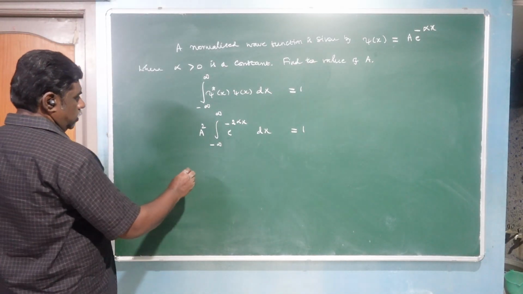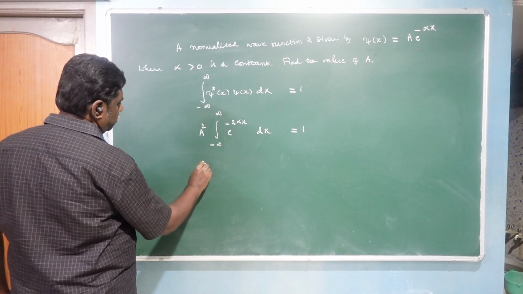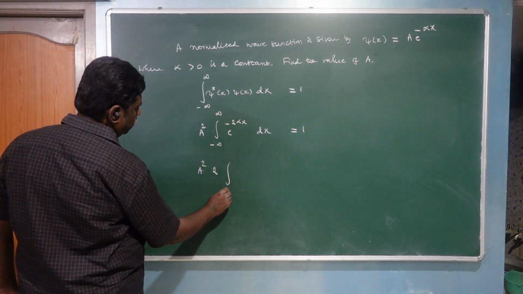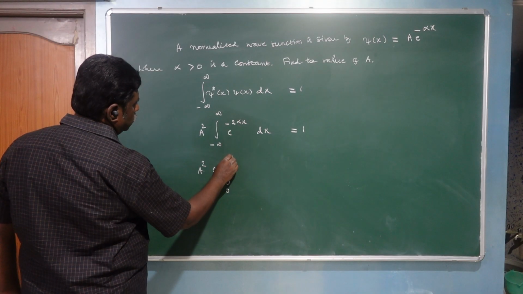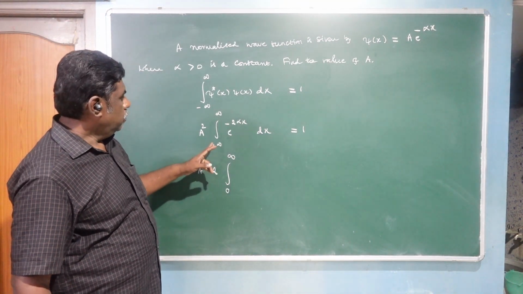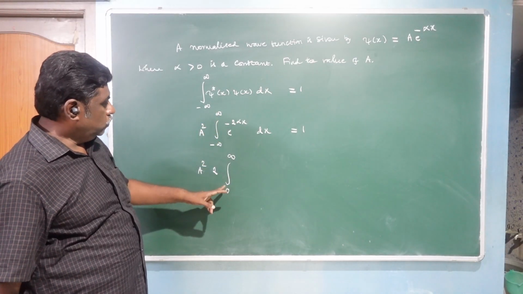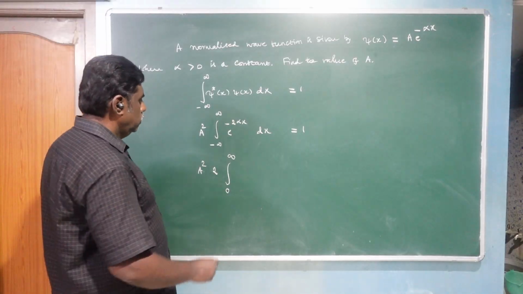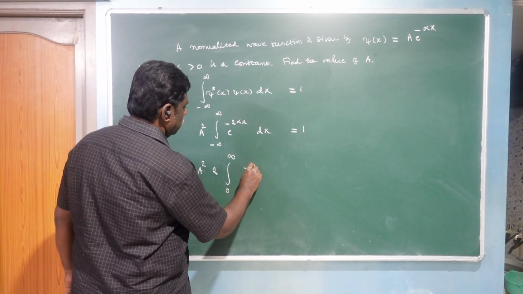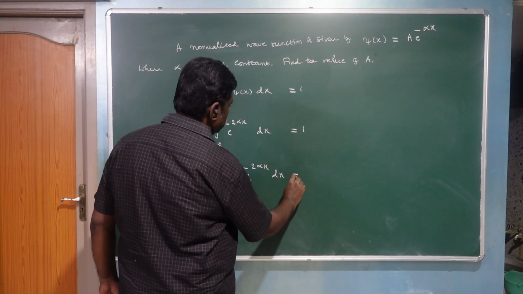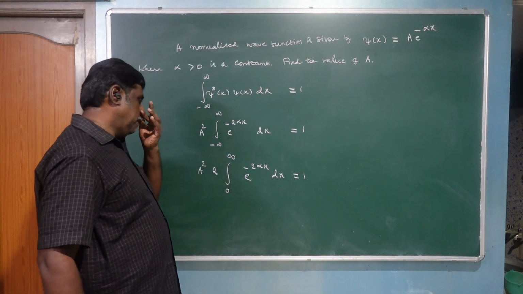Now this is modified as A square into 2, changing the limit: minus infinity to 0, then 0 to infinity. If you interchange the limit, minus infinity to plus infinity becomes 0 to infinity, and we have to introduce 2. The integral of e power minus 2 alpha x dx equal to 1.